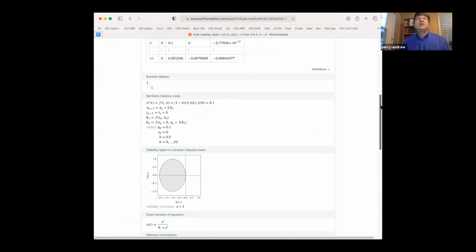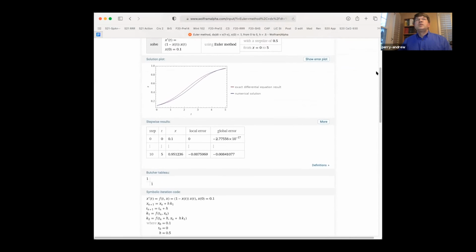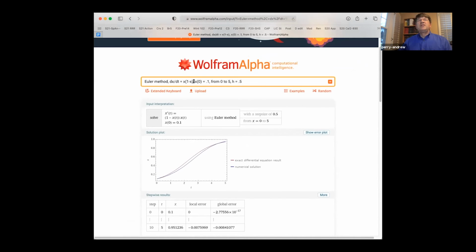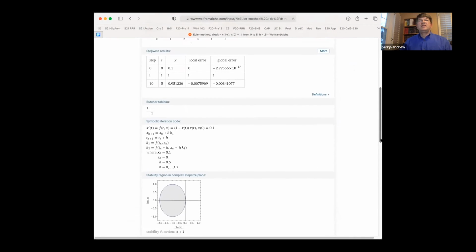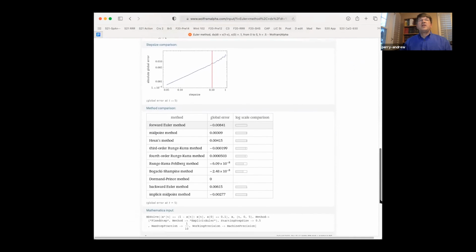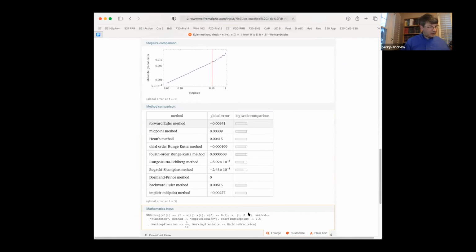Okay, good. So we just had to say Euler method, give the equation, the initial condition, the steps. This will show us not only the numerical solution, but the exact differential equation. It'll lay everything out nicely for us, exactly what its interpretation was, and then it'll even tell us about what happened using other methods.